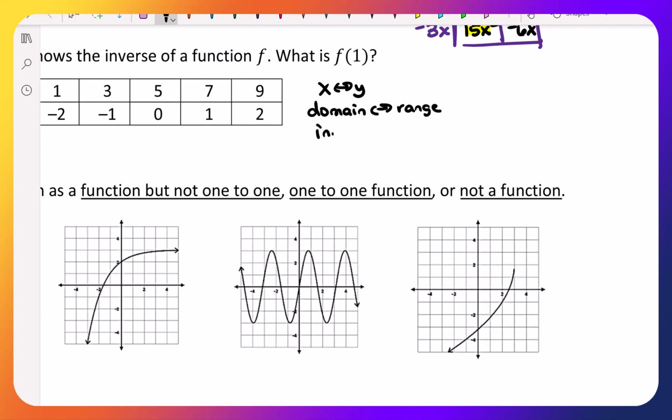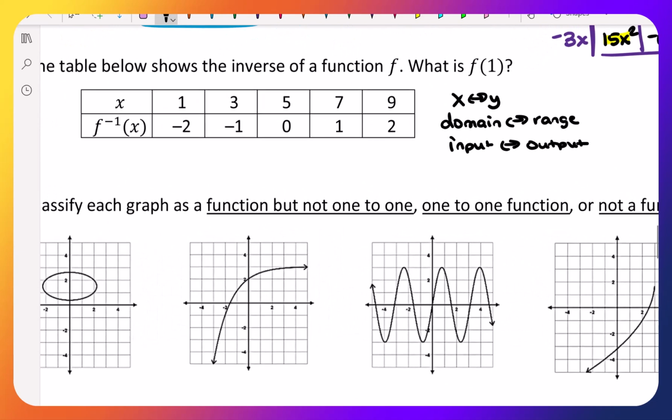Same thing for your input and your output. So basically what this means, if your input right here, so if your x value is 1, that means that the range is going to be the same for the inverse. So the input for your original function will be the range of the inverse.